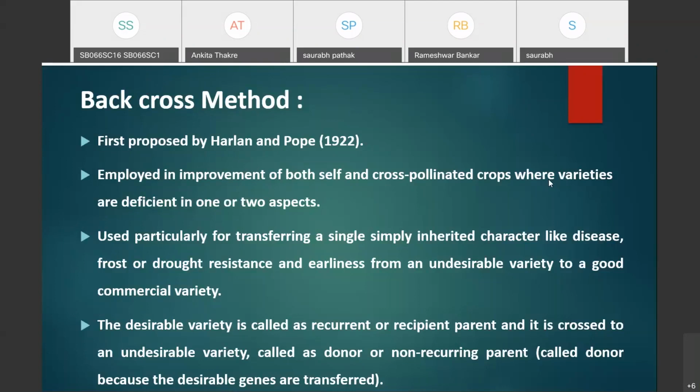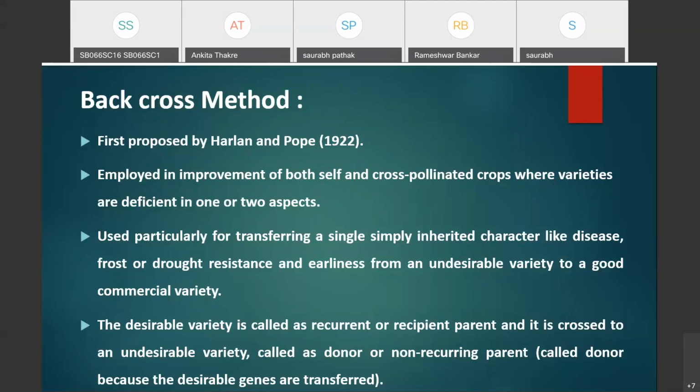This method is completely different from the pedigree and bulk methods. It was first proposed by Harlan and Pope in 1922, and can be used in both self and cross-pollinated crops where the varieties are deficient in one or more characters.